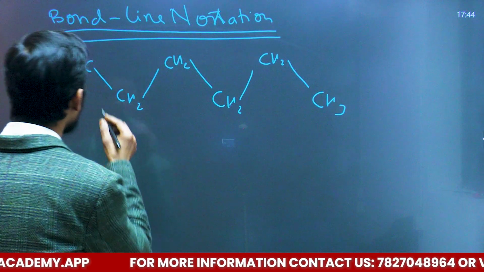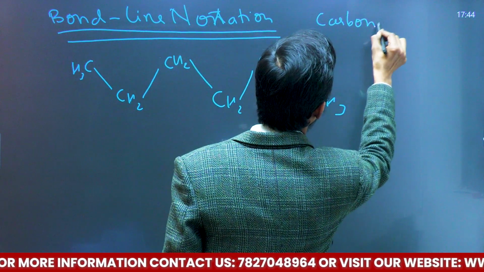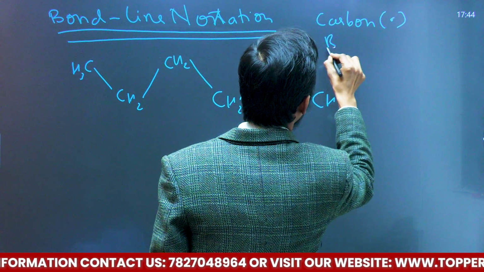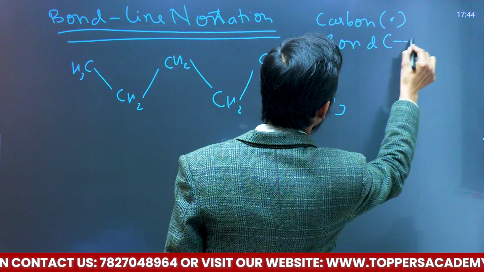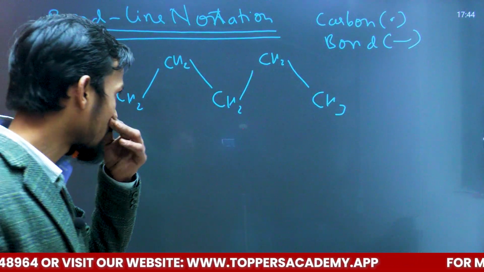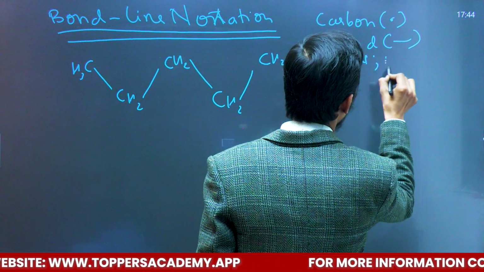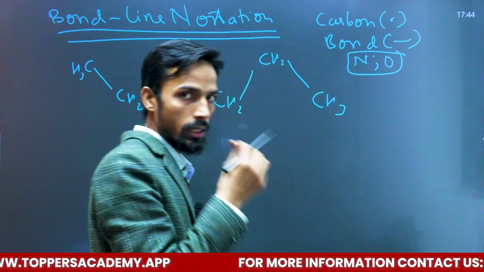But what we are going to do over here is that carbon will be represented by a dot, the carbon-carbon bond will be represented by a dash, and some groups like OH and NH, where nitrogen and oxygen are there, will be represented as they are.